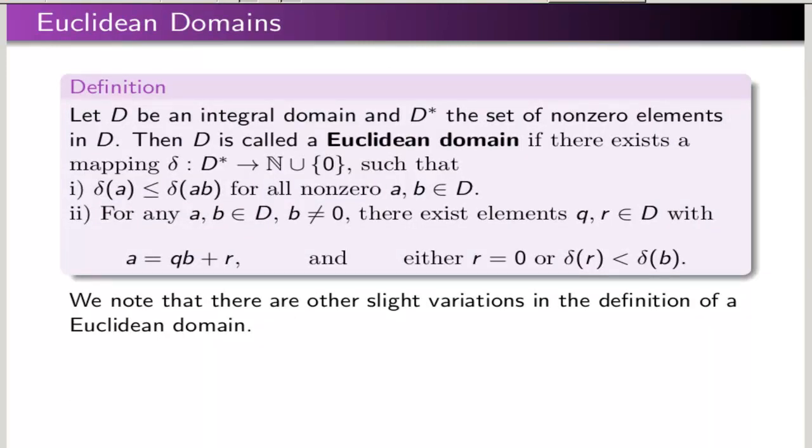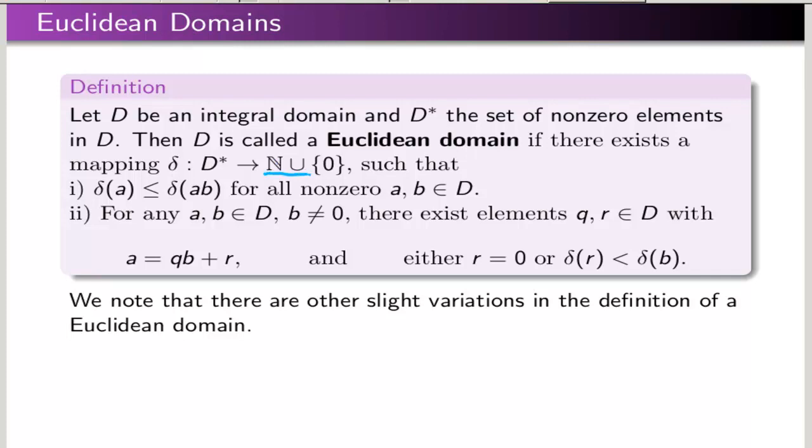Okay, what's a Euclidean domain? So I'll let D be an integral domain and D star be the set of non-zero elements of D. Then we'll call D a Euclidean domain if there exists a mapping delta from the non-zero elements into the non-negative integers.